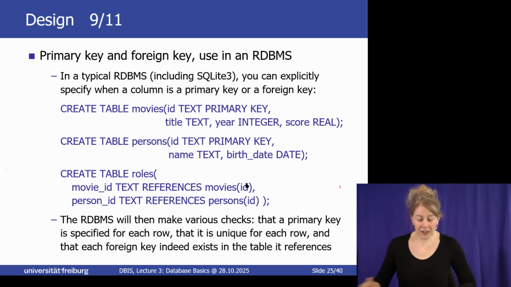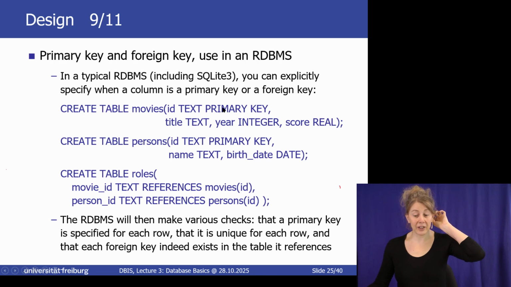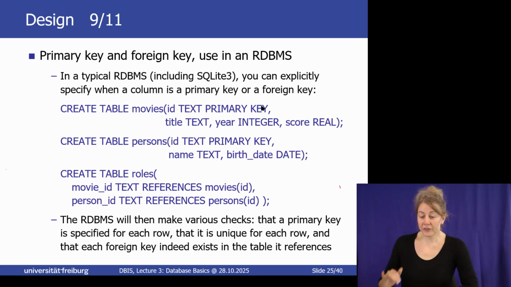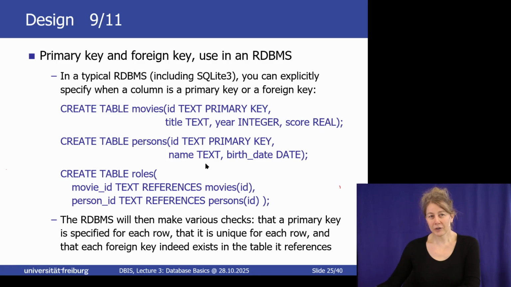And actually, there is a lot of stuff going on when you explicitly tell the database system about this. So, for example, it will check that your primary keys are unique. Try to create another row with the same primary key, and it will say, I already have that, and it will do some other checks. Any question about this? Okay, let me go on.